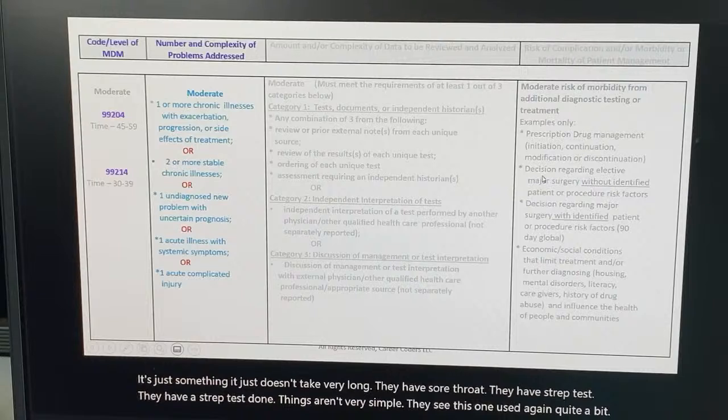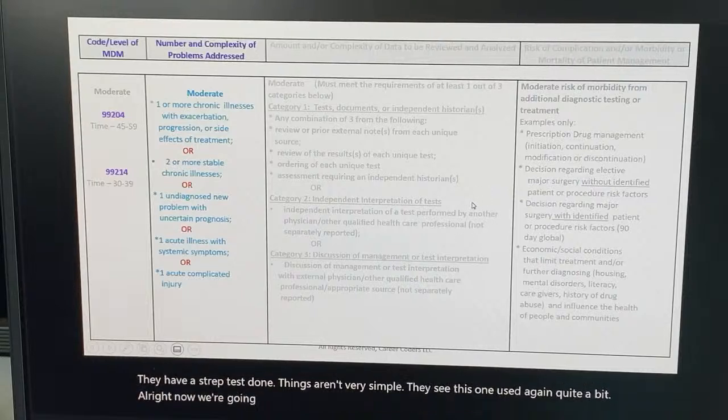All right. Now we're going to look at a 99204, 99214.